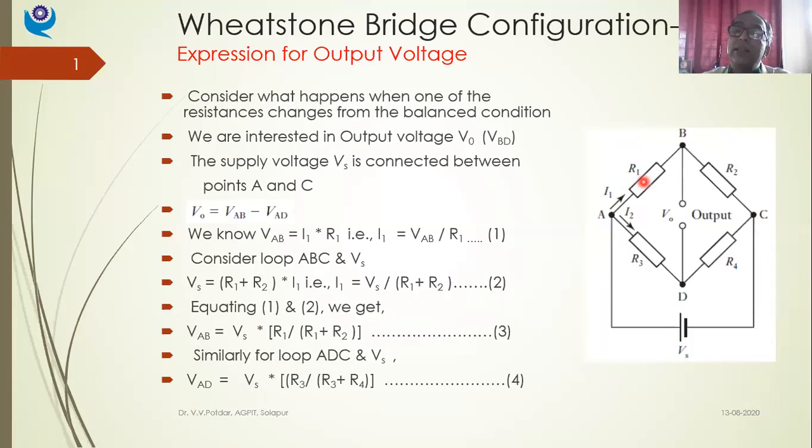Now, as the resistance changes, take the first case. One of the arms, this resistance, is removed. Remaining R2, R3, and R4 are the same. Those are kept as they are. Only R1 is replaced by a strain gauge. And what has happened to the strain gauge? The strain gauge is mounted on the specimen which is loaded. Maybe some tensile strain I have applied, and because of the tensile strain, I have an increase in length.